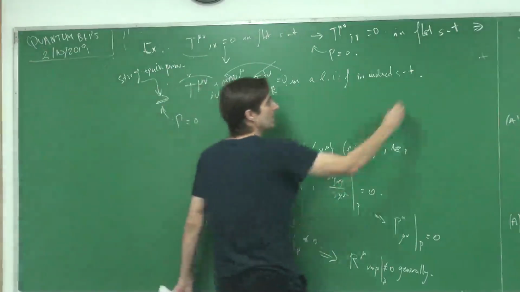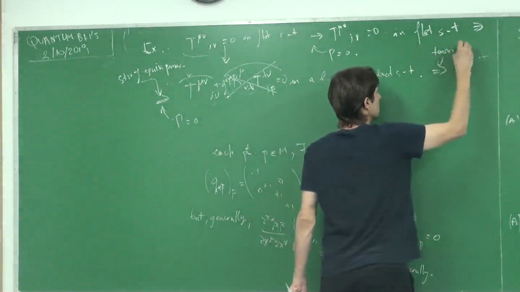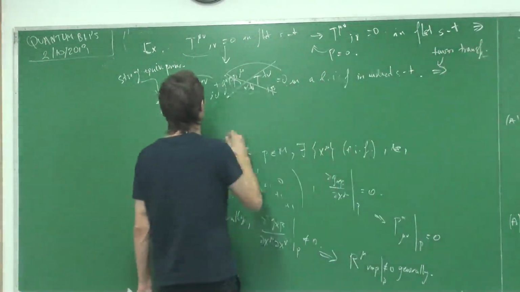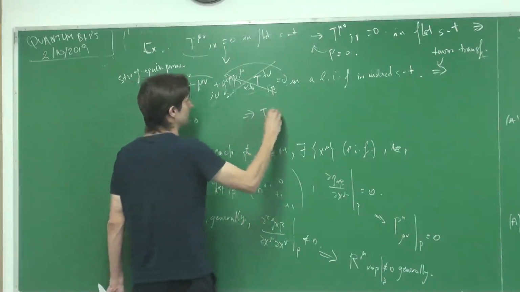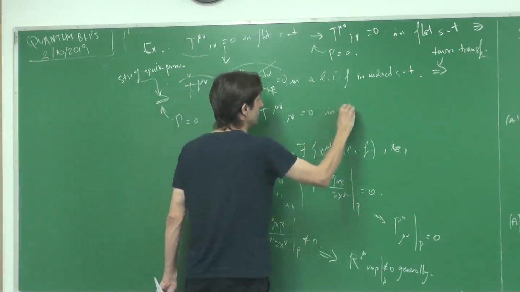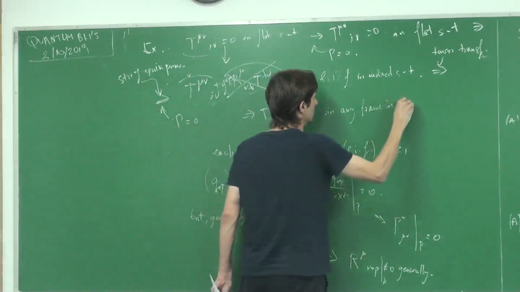And so you just apply a tensorial transformation to this that tells you that this form is true in any frame in curved space.